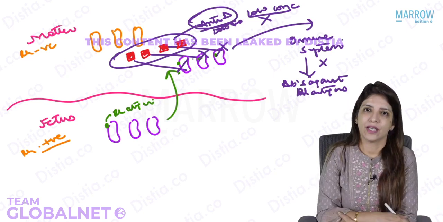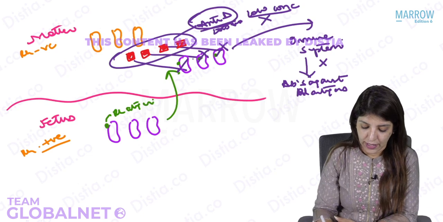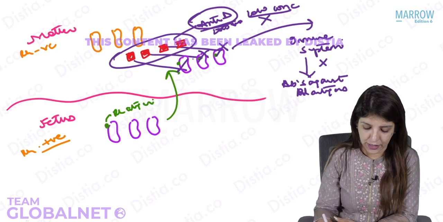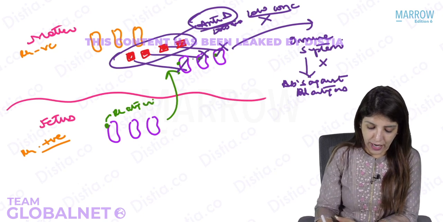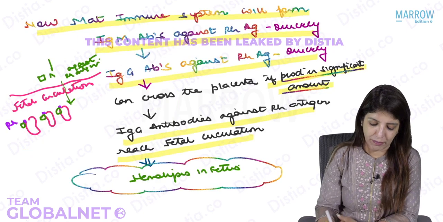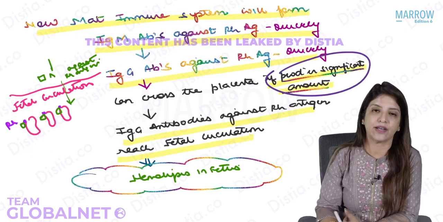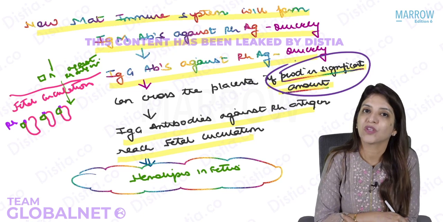Now comes the concept where I told you that a problem is going to happen only if anti-D or the antibodies are present in high volume. I told you IgG antibodies can cross the placenta only if they are in significant volume. Right?